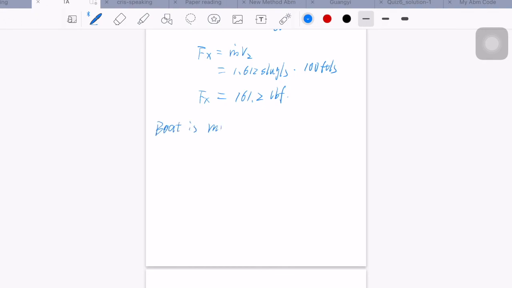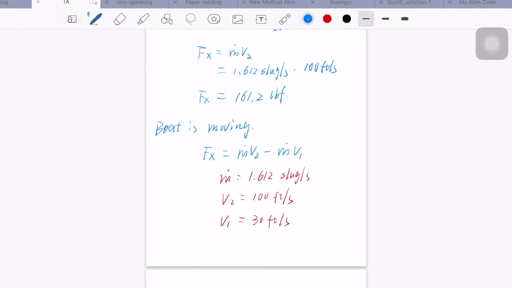And when the boat is moving, we know that Fx should be equal to the m dot v2 minus m dot times v1, and we know m dot equals 1.612 slug per second, and v2 equals 100 feet per second, and v1 is 30 feet per second.